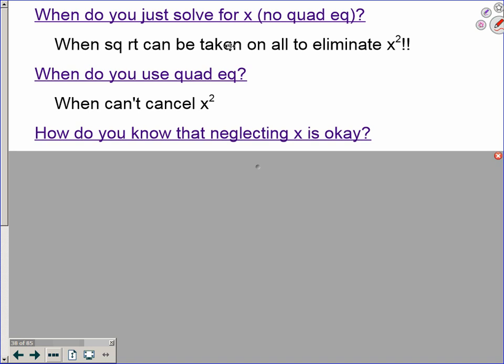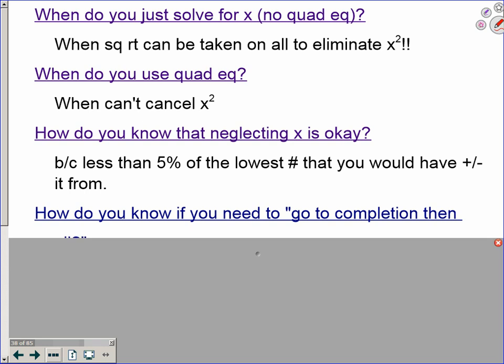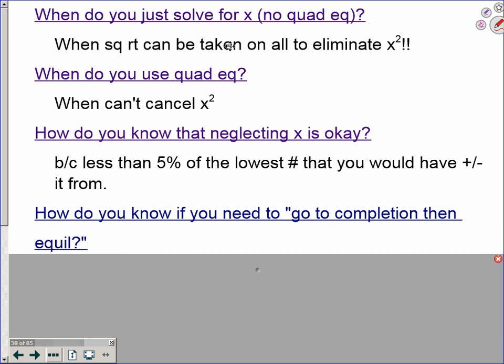Okay, how do you know that when you're done, you are able to stay with your neglecting of x? You have met the 5% rule, which is x over the smallest value you would have added or subtracted from. And then, how do you know you need to go to completion first? All right, K value.